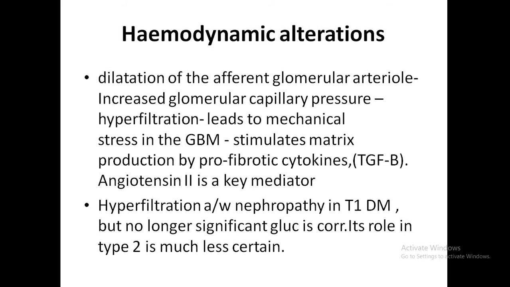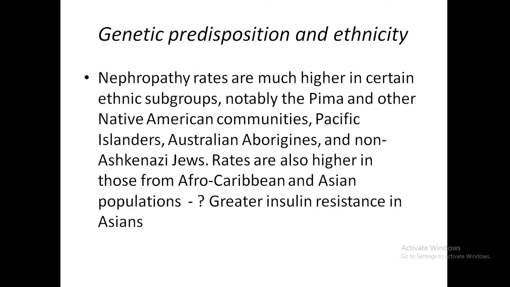It stimulates matrix production by cytokines such as TGF-beta, and angiotensin 2 is a main player here. This hyperfiltration is associated with nephropathy in type 1 diabetes mellitus, but its role in type 2 is much less certain. And this hyperfiltration is no longer significant if the glucose is corrected in type 1 diabetes.